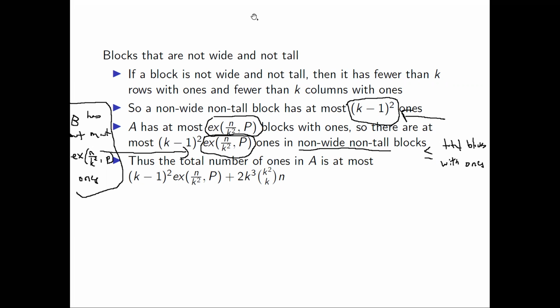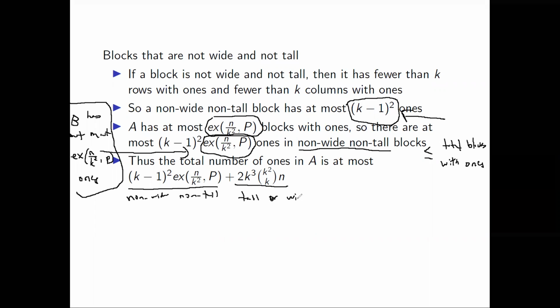It has the term that we just got, the k minus 1 squared times ex of n over k squared comma p. Then it has the term from the last slide. So this was non-wide, non-tall ones. And this right here is from tall or wide.